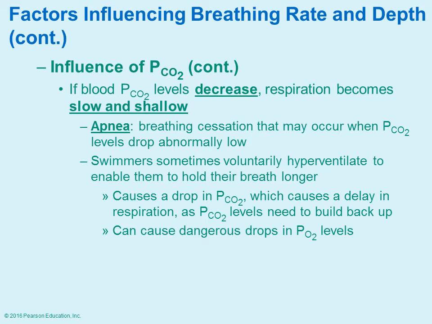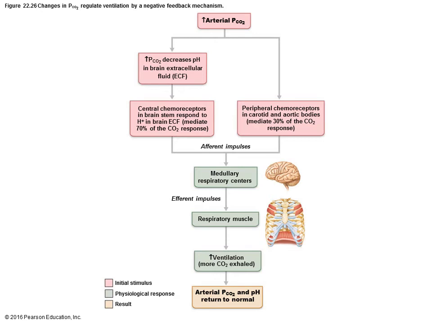The thing is, this can lead to very dangerous outcomes because it can lead to really low levels of the oxygen partial pressure too. So this just shows how various changes can be affected by different things, such as the changing of the carbon dioxide, and when that carbon dioxide pressure changes, where is it being picked up from?